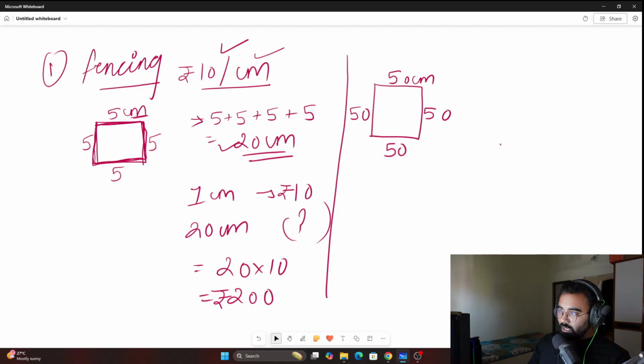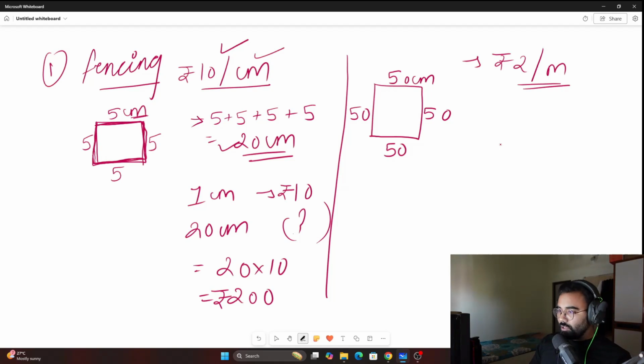And now the rate is 2 rupees per meter. So there is a farmer with a square farm with a side of 50 centimeters, but the rate at which he will fence it is 2 rupees per meter. This is another layer of difficulty.